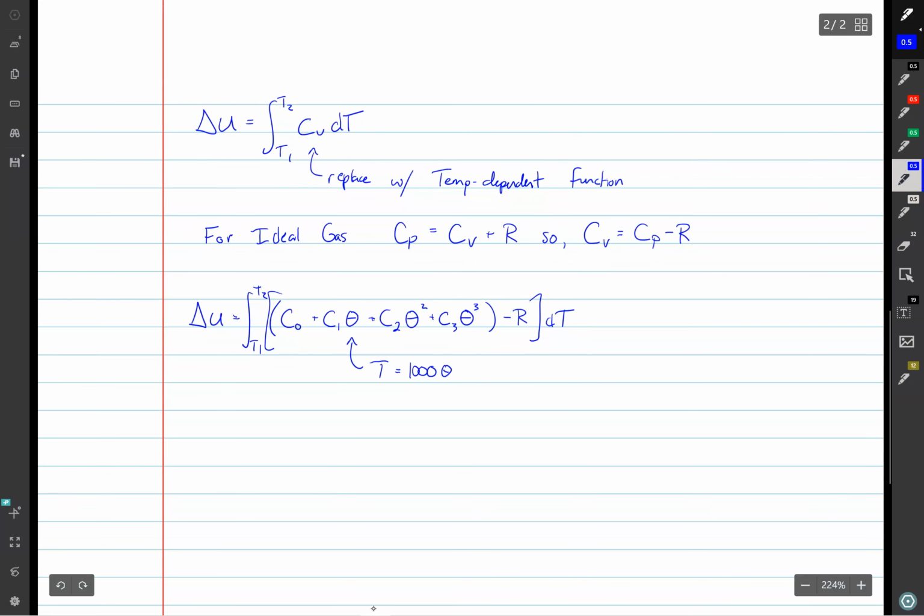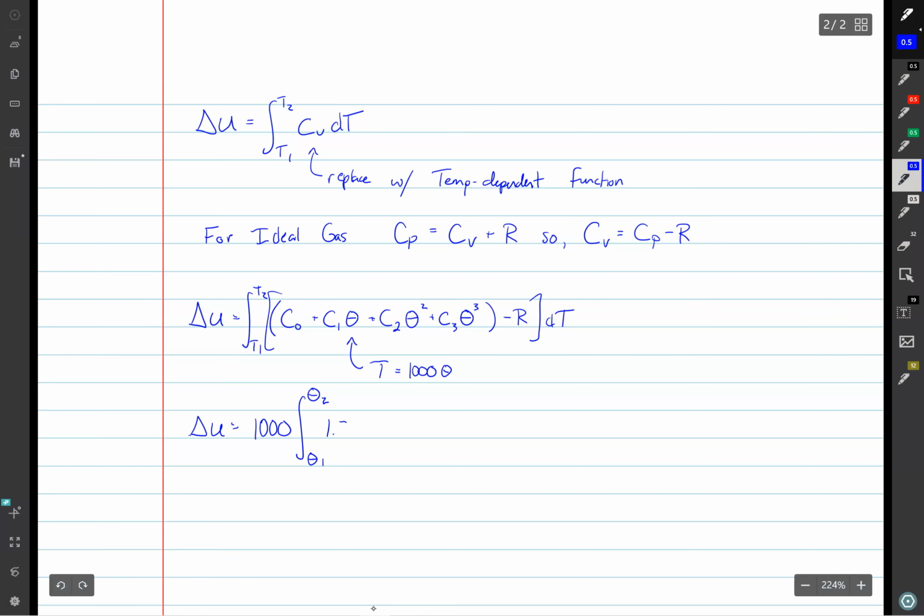So we'll do that. And what this would functionally change is that delta U would now be equal to 1000 times the integral from theta 1 to theta 2, right? We can take our dT and change it to a d theta, change the integral bounds to theta.